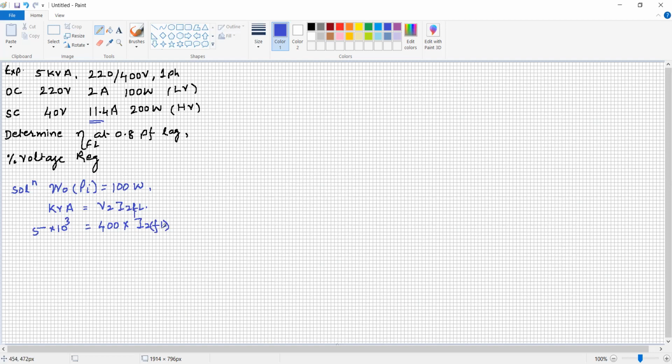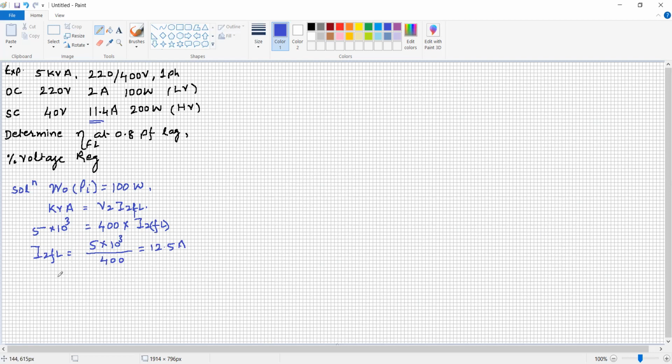I2 stands for the secondary current. So I2 full load is equal to 5 into 10 raised to 3 divided by 400, and it is equal to 12.5 ampere. It means that this 200 watt is not the full load copper loss.